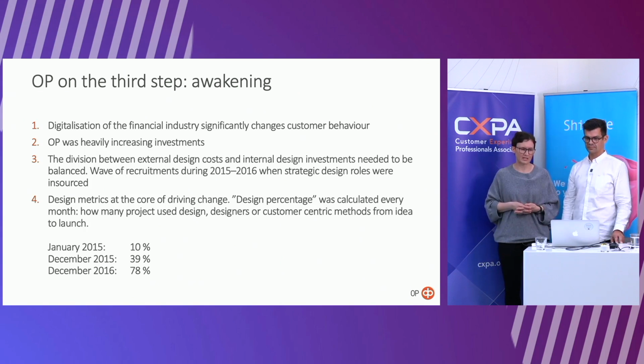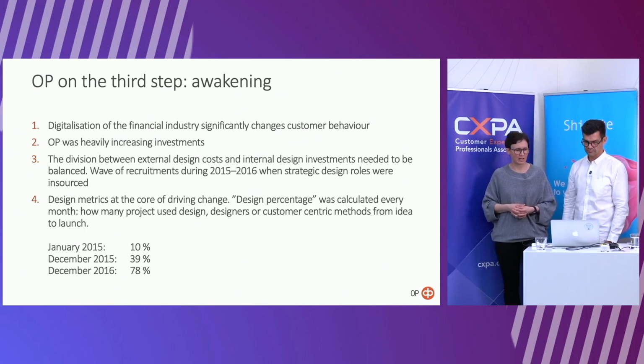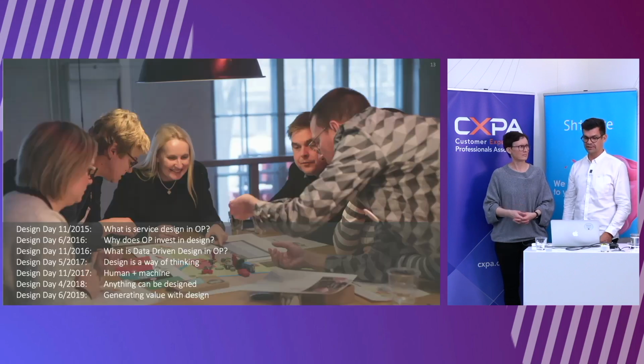As you can see, the design percentage started increasing quite fast, from 10% in 2015 to 78% late the next year. So the maturity kept increasing. The actual metrics were key to the change: you get what you measure.